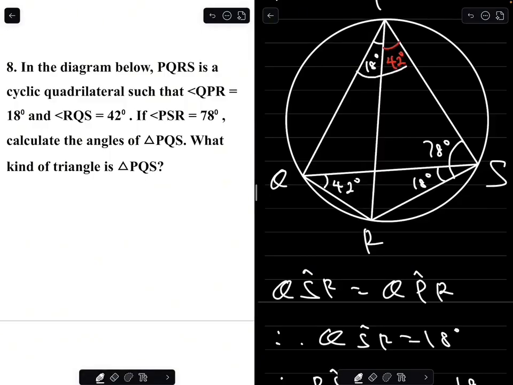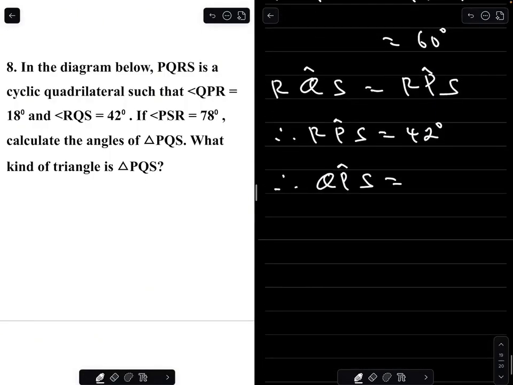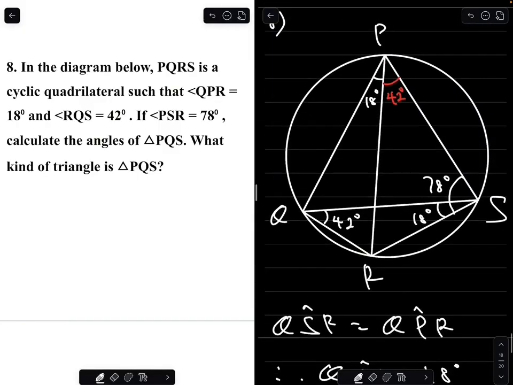That's the whole of this. 18 plus 42 degrees, and that is 60 degrees. Now we're left with just one more angle.